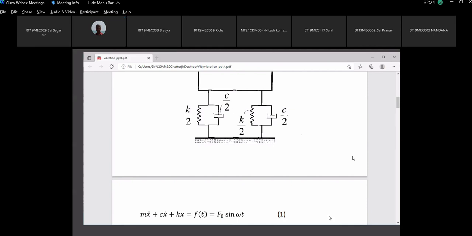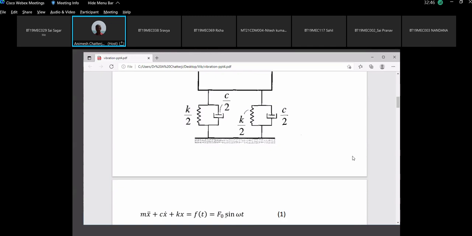So now you solve a different equation: mx double dot plus cx dot plus kx is equal to capital F0 into e to the power I omega t.